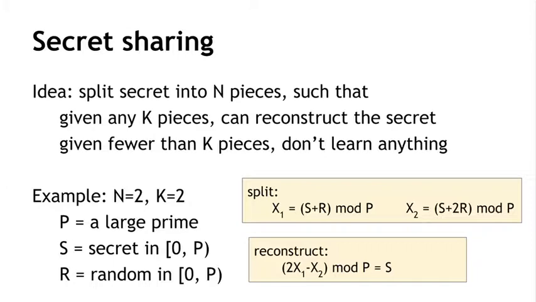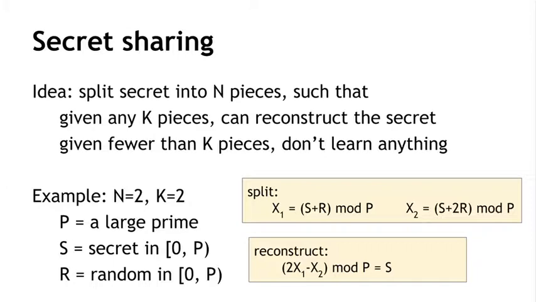But given only one of the shares, it turns out we don't learn anything. And to see why that is, consider x1. We took s, which is the secret, but we added to it a random number, which could take on any value between 0 and p minus 1 with equal likelihood. And if you think about it, you can convince yourself that the result then of s plus r modulo p is equally likely to take on any value between 0 and p minus 1, and that's true regardless of what s was.